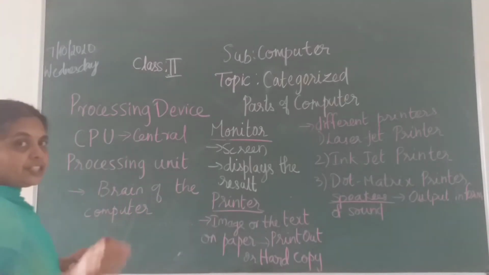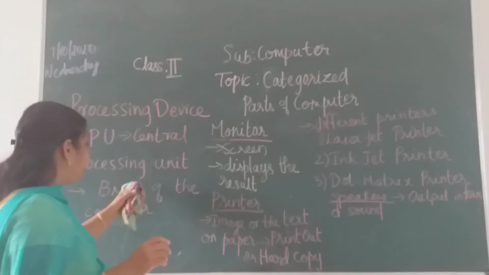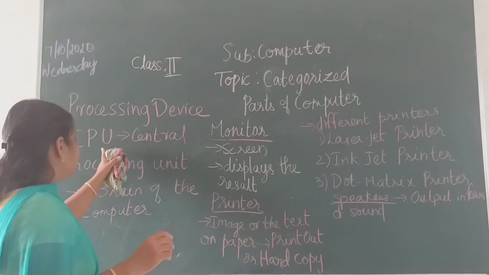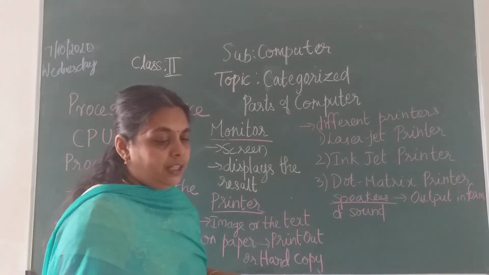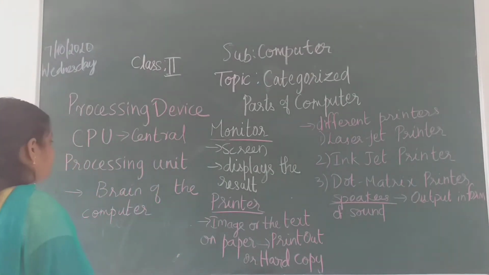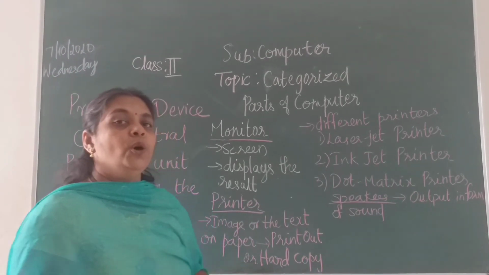Whatever instructions you give to the computer, the work is carried out by this CPU, children. That's why it is called the brain of the computer. This processing unit is placed inside the CPU box.